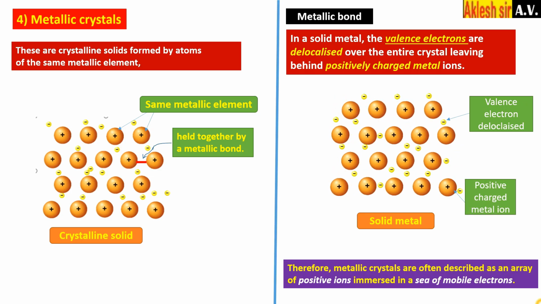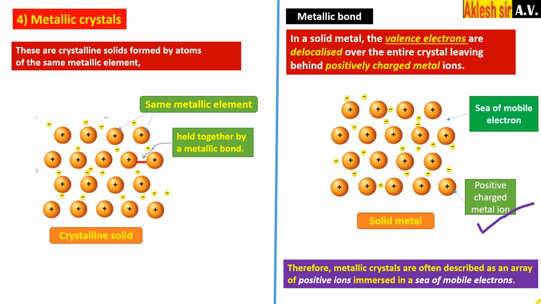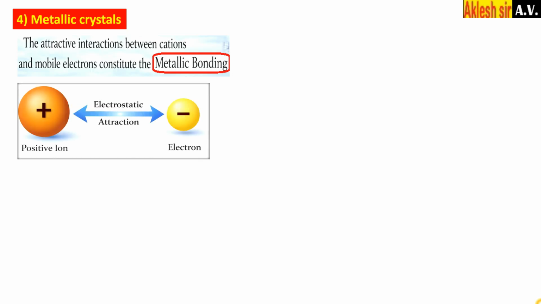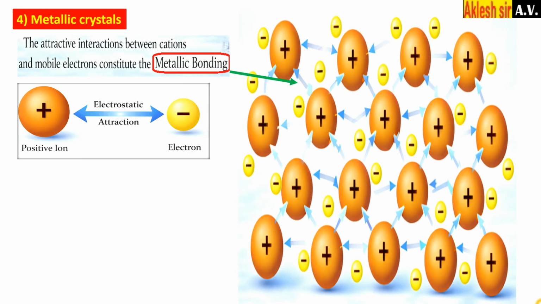Therefore, metallic crystals are often described as an array of positive ions immersed in a sea of mobile electrons. The attractive interactions between cations and mobile electrons constitute the metallic bonds.